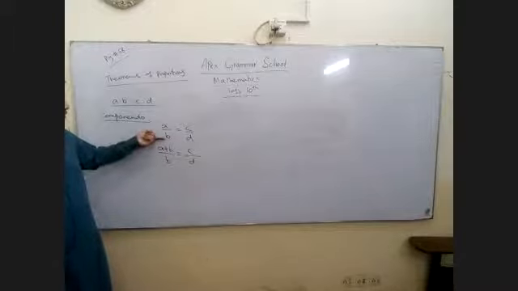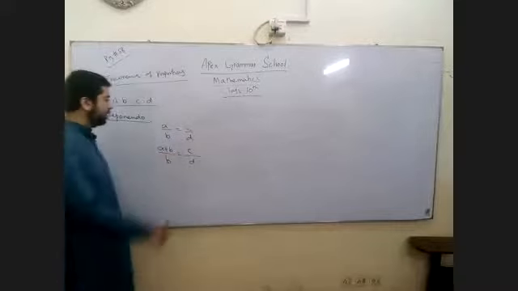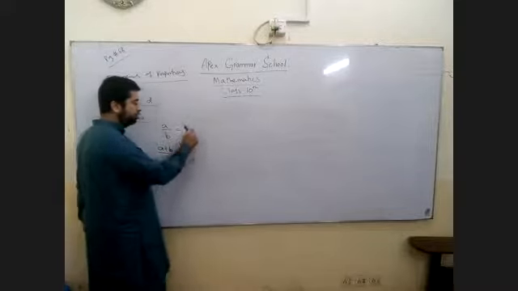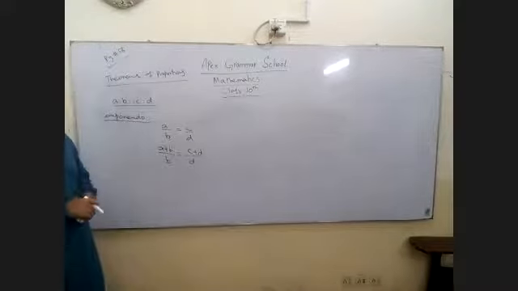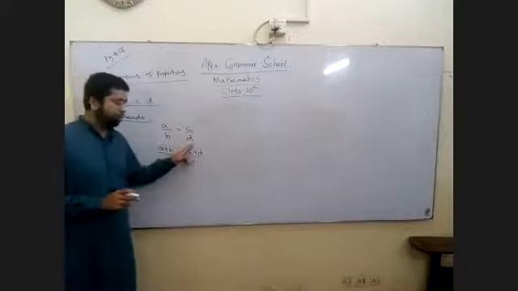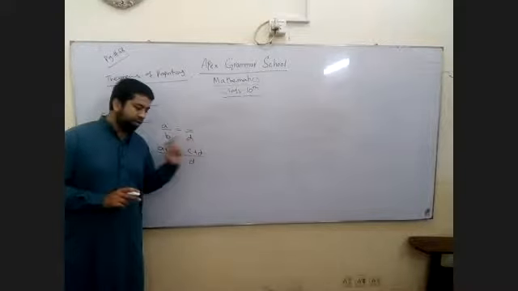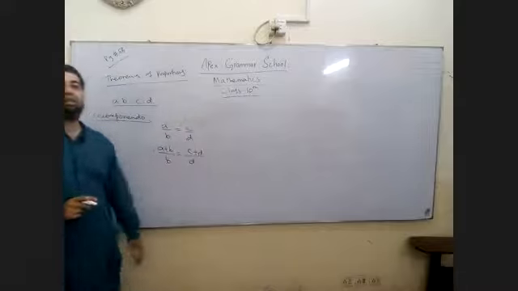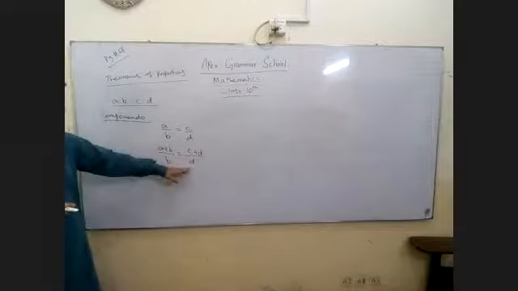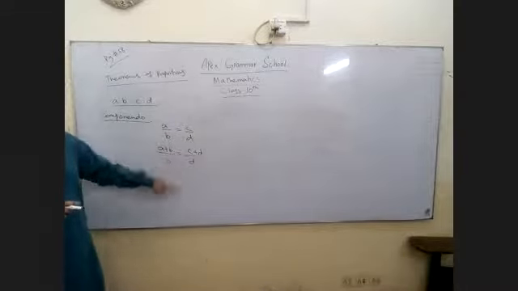This denominator is added to this numerator, and this denominator must also be added to this numerator. Now the thing is balanced, so both have the same effect. That's why these are equal.